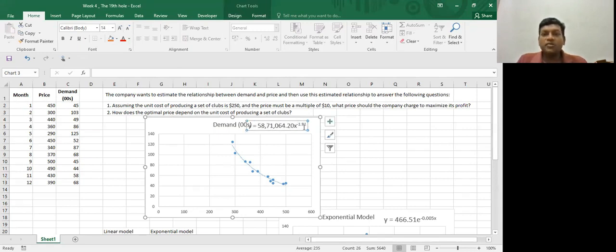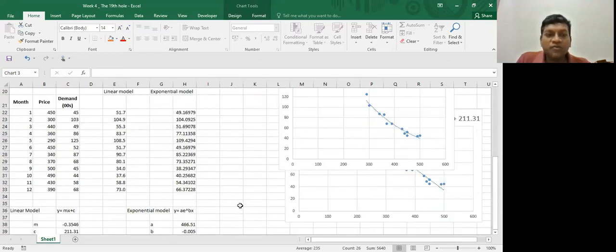Now, like I said, a power equation is of the form y is equal to a x raised to b. Let's put that down.